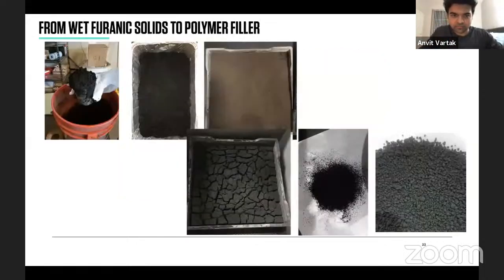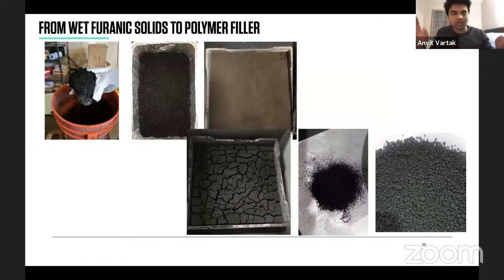So we go from wet, very wet material, sludge like, to a dry material which is not good enough for us in terms of the particle size. It has these huge chunks. Then we break it down, we carbonize it or pyrolyze it to make it high carbon content material, and then we mill it again to make it a fine powder. And then for handling and storage and transportation purposes, we just agglomerate those using water.